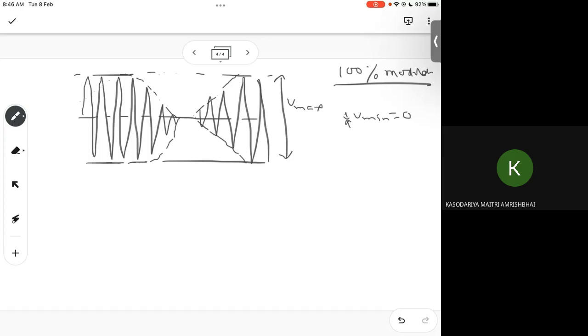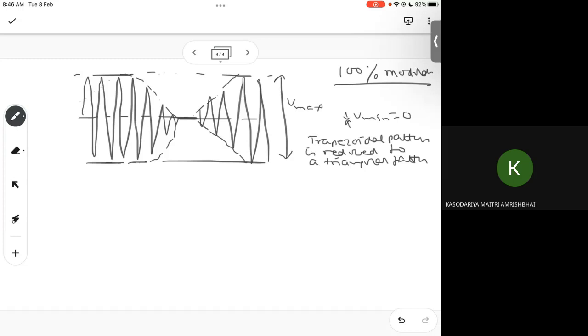Because it will be at twice this voltage, and here it is 0. So this becomes almost a triangular pattern rather than the trapezoidal pattern.